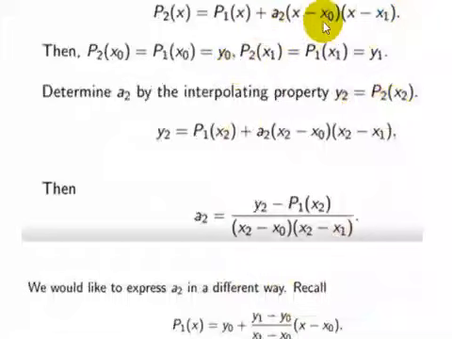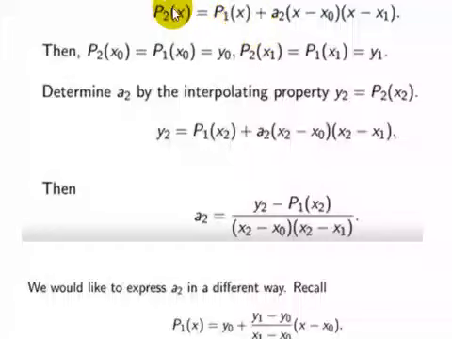So when you throw x0 and x1 into here, first consider x1, when you throw x1 into here, you don't get any, so this will not contribute anything, right? So we know that p1 evaluated at x0 is equal to y0.